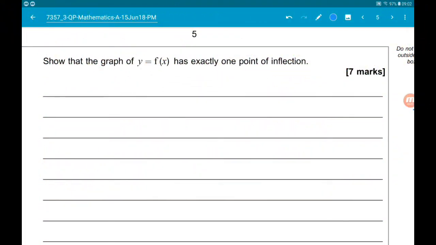Okay, then part C for 7 marks wants us to show that the graph of y equals f of x has exactly 1 point of inflection.